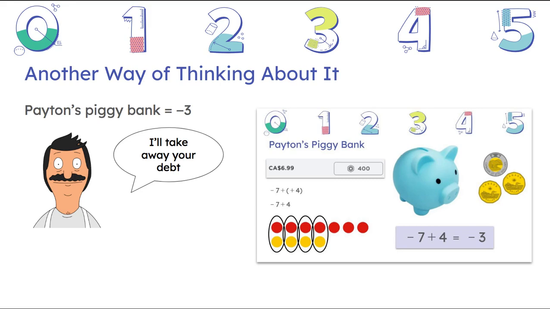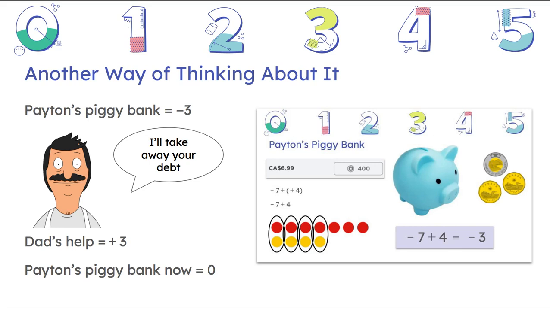We can represent dad's help as the integer +3. Let's walk through this again. To take away her debt, which we represented with the integer -3, he adds the opposite amount, which we represent with the integer +3. Now her bank balance is 0.